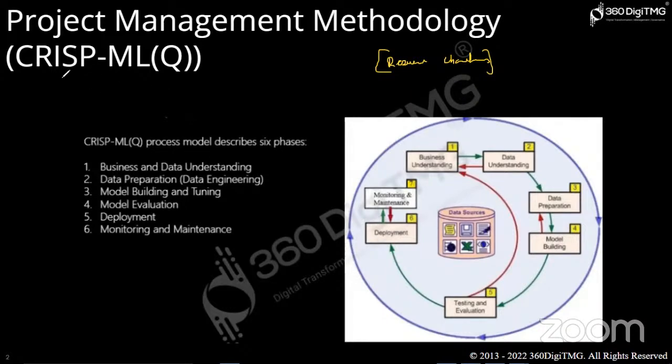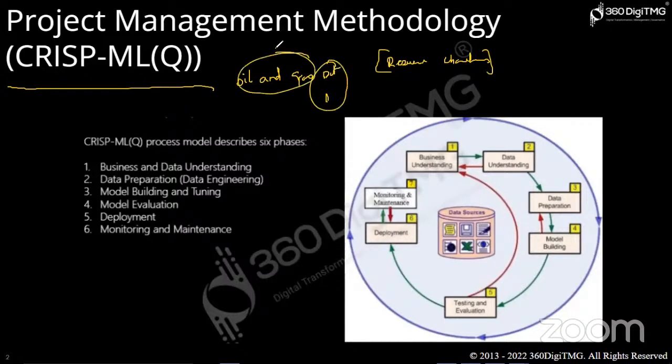Before that, we have to work on CRISP-ML(Q). This is the project management methodology to follow before we start our project. Here we are dealing with data related to oil and gas data analytics, so it is related to the oil and gas industry.